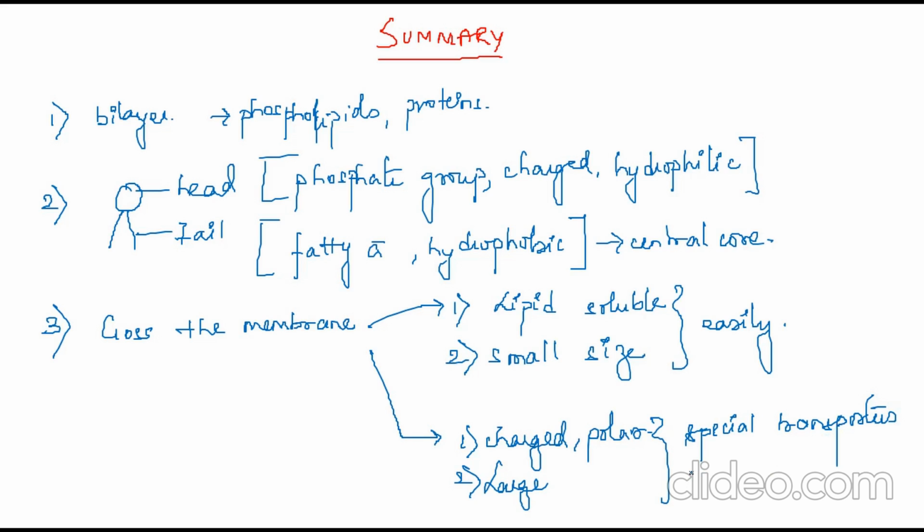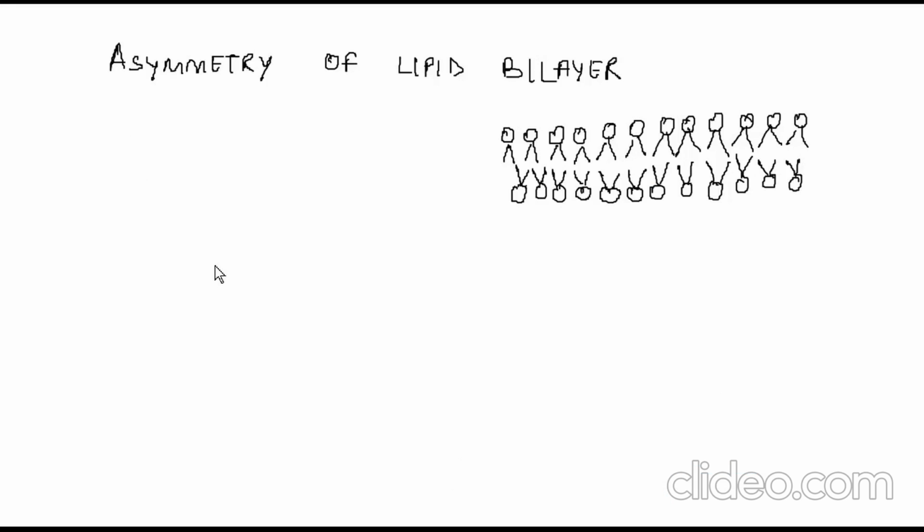Okay, up to here we have discussed till now. The next topic of discussion is asymmetry of the lipid bilayer. This lipid bilayer is asymmetric. What do you mean by that?